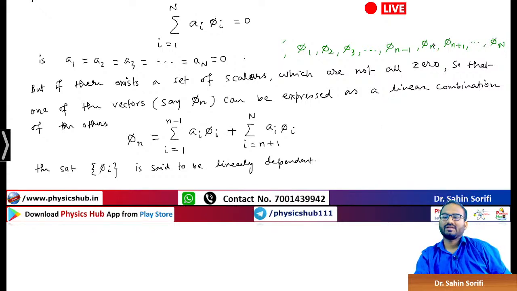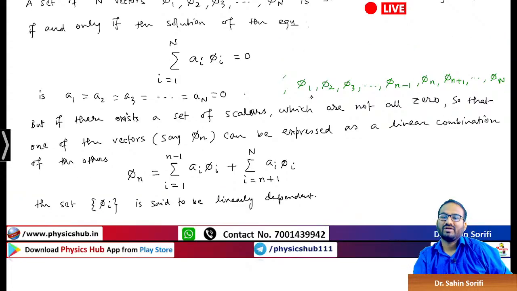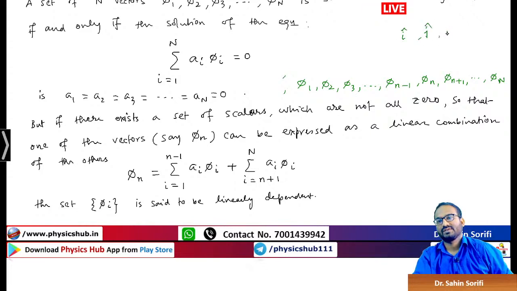If you can write one of these vectors in terms of the others, then it is said to be linearly dependent. And if they are not expressible, let's say phi 3 we cannot express in terms of the others. For an example, I am taking the Euclidean space. So the unit vectors i cap, j cap, k cap, they are linearly independent, right? All of them are linearly independent.